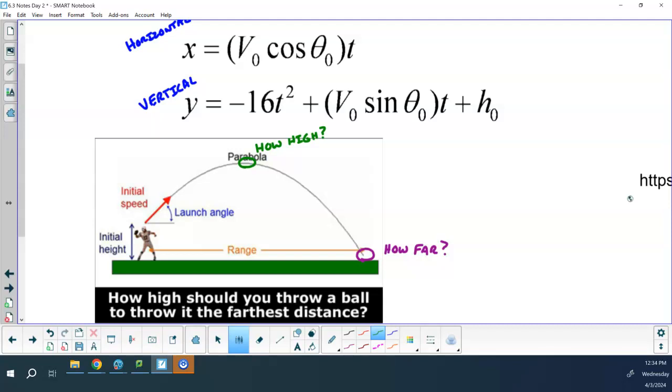Point over here, total time in the air. We could figure out any position blank seconds into the initial throw. Okay? That's how they were able to calculate.